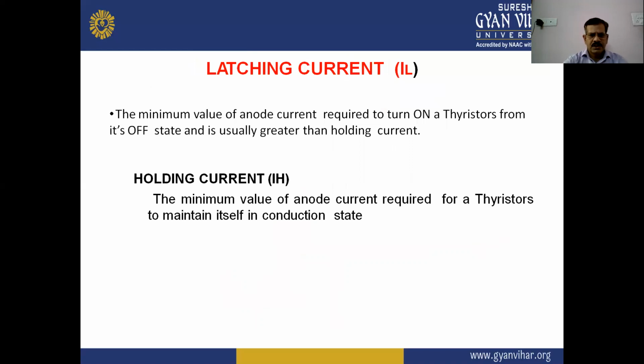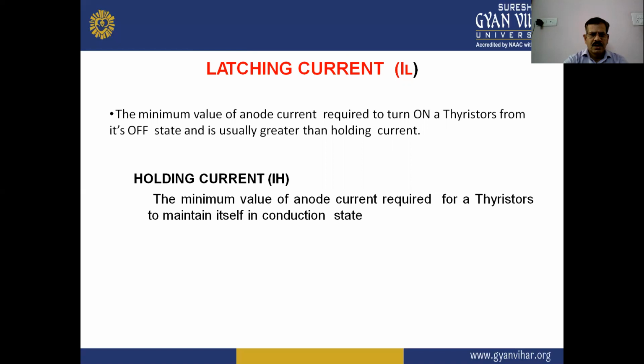So in this graph of VI characteristics of SCR, we have a latching current IL. What is the latching current IL? The minimum value of anode current required to turn on a thyristor from its off state, and it is usually greater than the holding current.